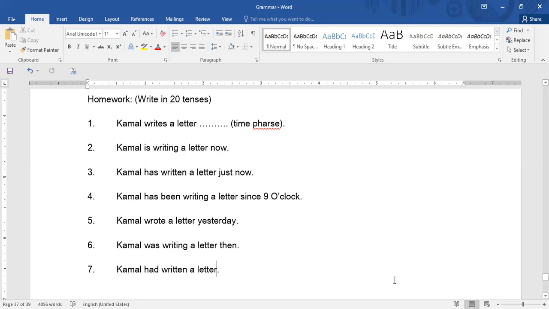But here we don't use the time phrase because the past perfect we use with the conjunctions before or after. So we can use this sentence with the conjunction before. Kamal had written a letter before he left the house.